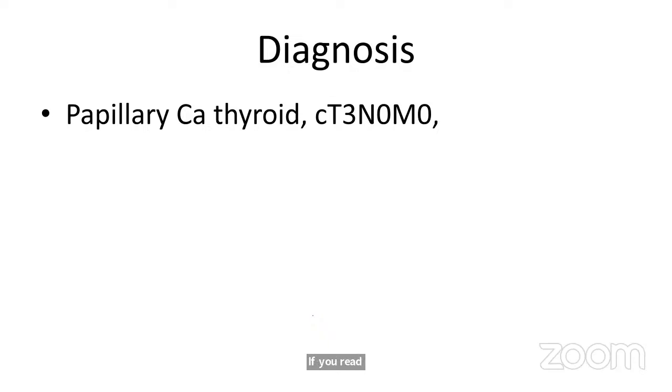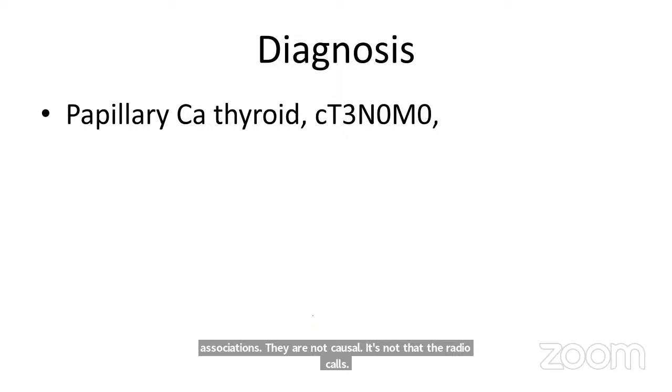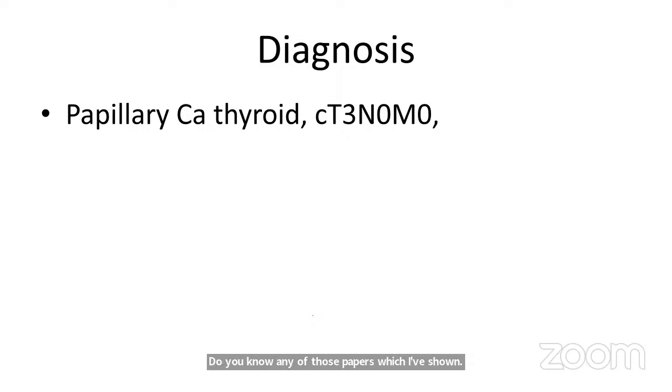They talk about a lot of papers which have looked at this, but these are all associations, not causal. Do you know any of those papers which have shown other primaries after a long time after radioiodine ablation? I don't know. Madam can answer that.